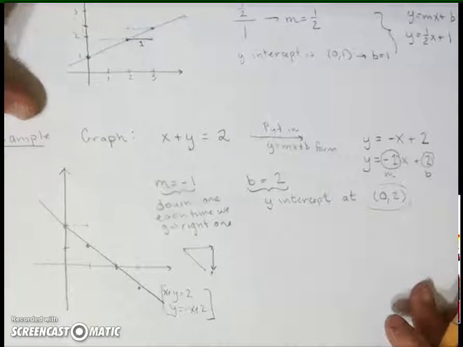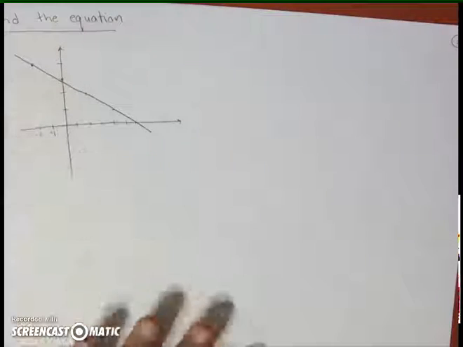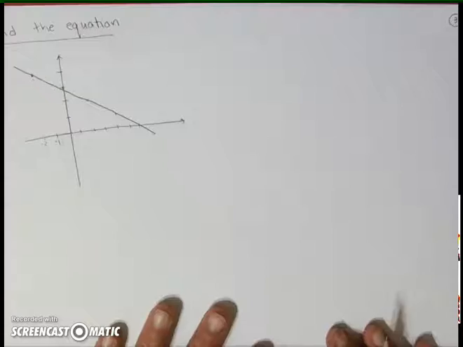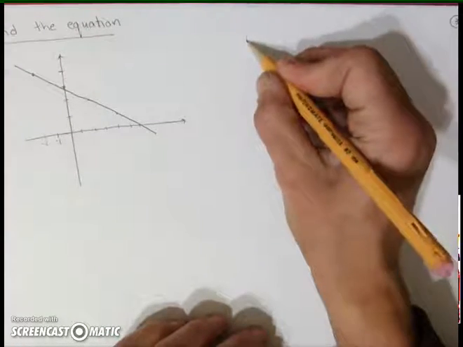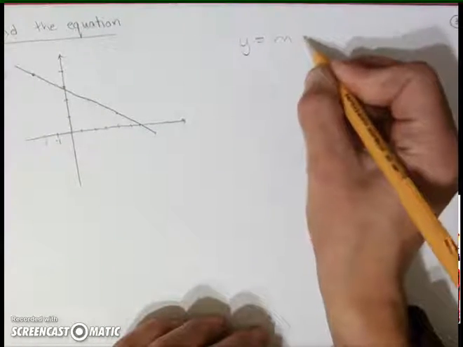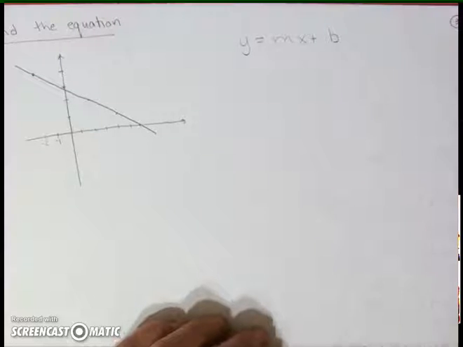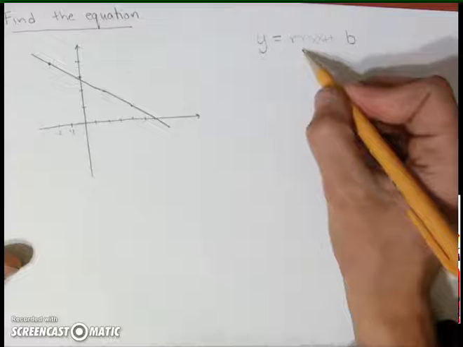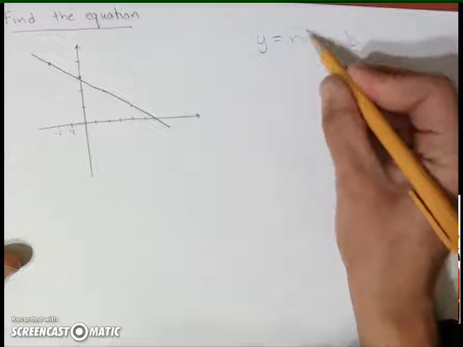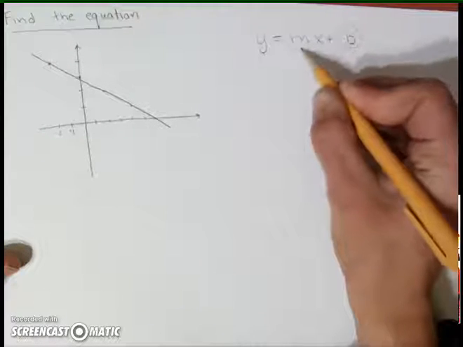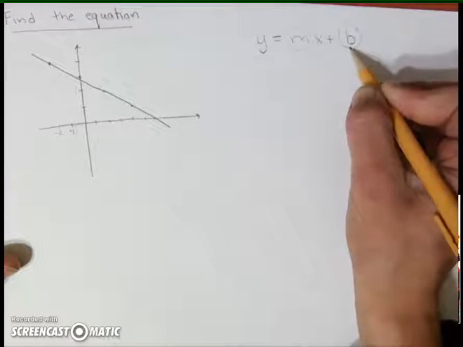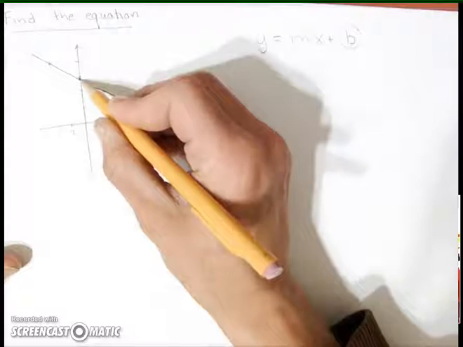Okay, let's do one final example. Here's a graph, and I need to find the equation. So I need to find y equals mx plus b. And all that means for finding this equation is I need to figure out what these two numbers are. I need to figure out m, and I need to figure out b. b comes from the y-intercept.